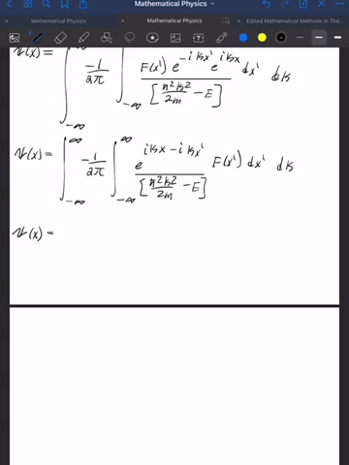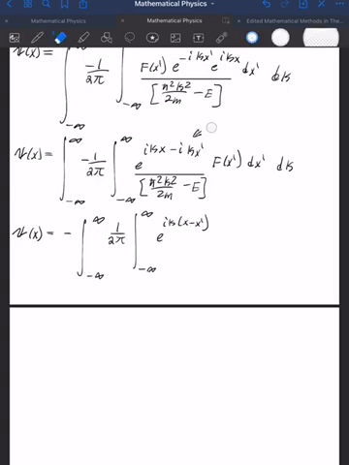So psi of x is equal to minus the integral from negative infinity to infinity of 1 over 2 pi times the integral from minus infinity to infinity of e to the i k (x minus x prime). All I did is rewrote the exponent here as this.